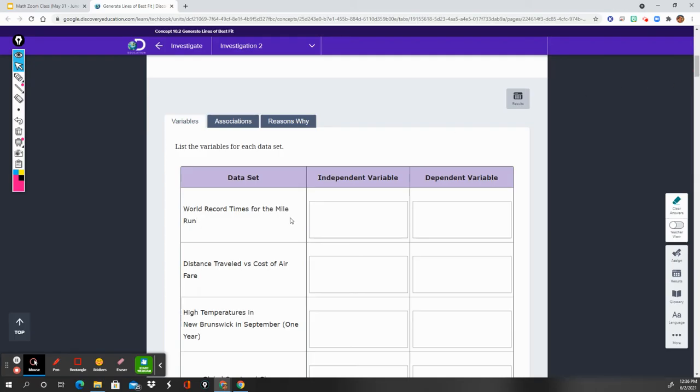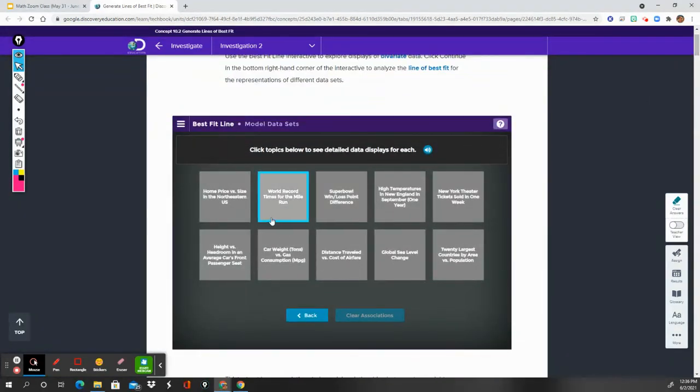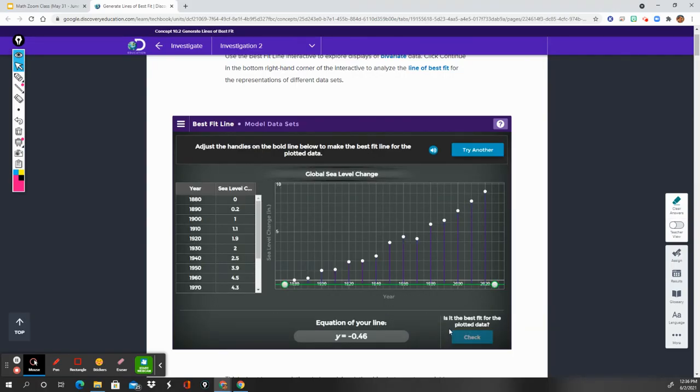So world record times for the mile run, distance traveled versus cost of airfare, and so forth. So you're going to find those data sets here. And so this will be the first one, but you can look at any of these. So let's look at global sea level changes. So the year is our X, which means it's our independent variable.